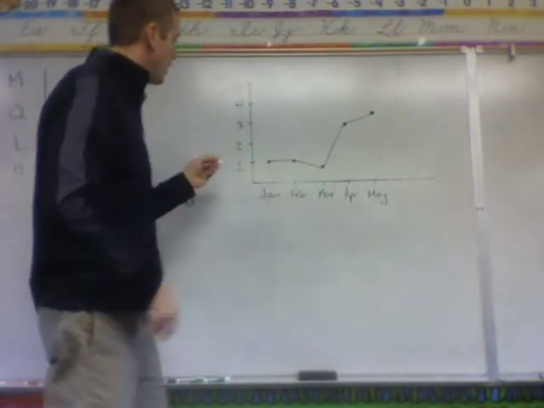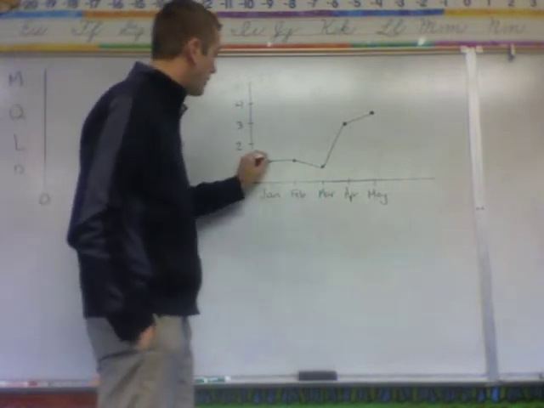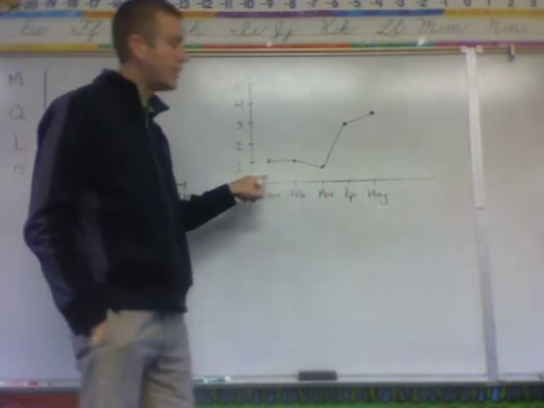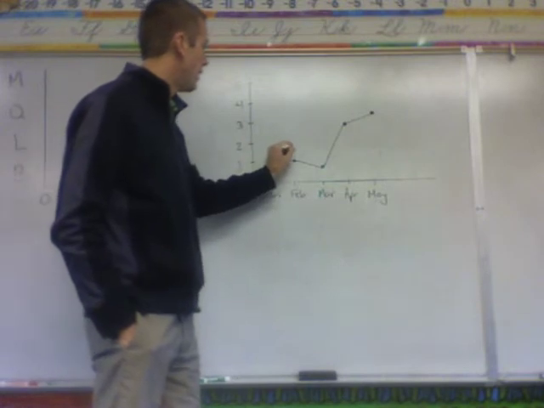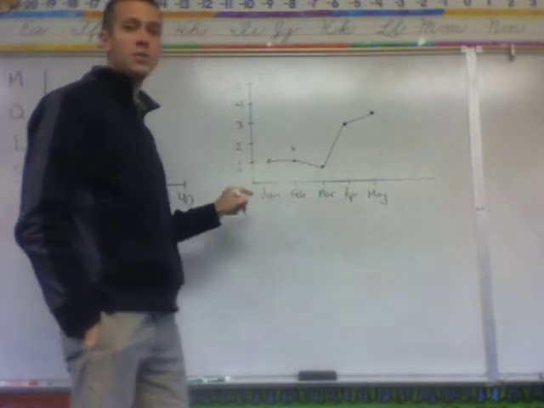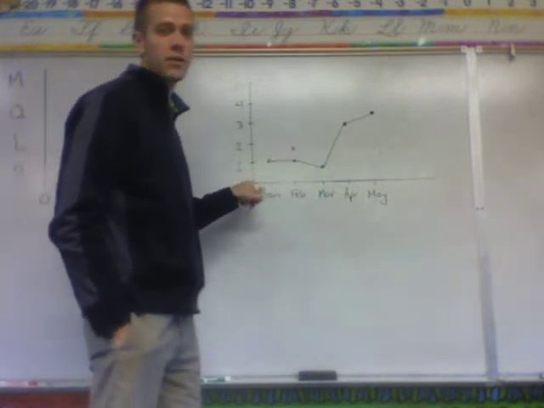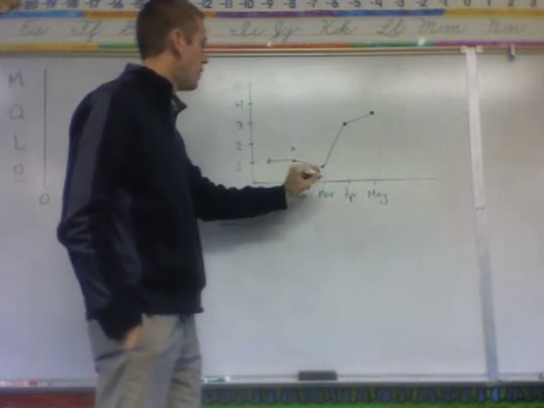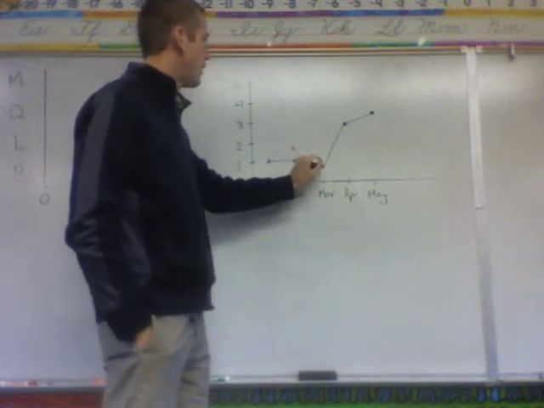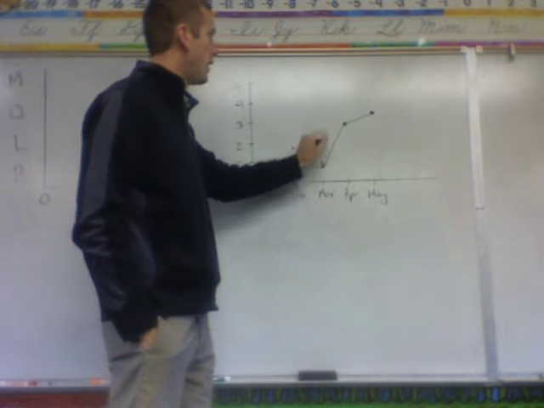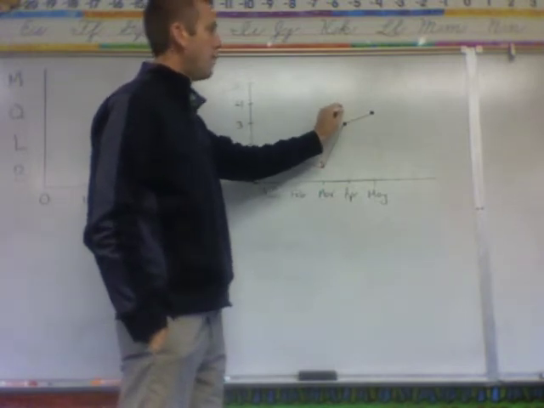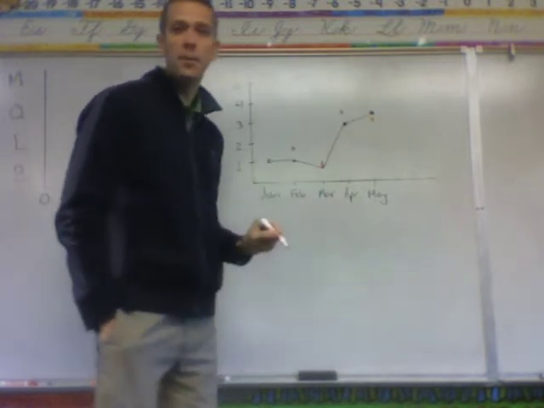Okay? So it started out the same. They both had 1 inch in January, they started the same. February is 1 inch more in 2010. March, it dipped down to about the same, and then in April, there was a little bit more, and then a little less in May.